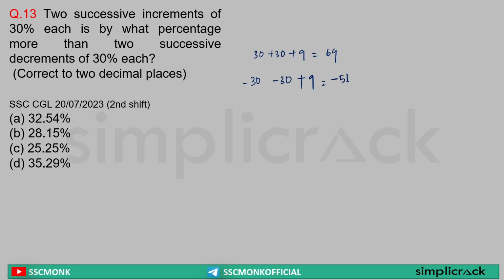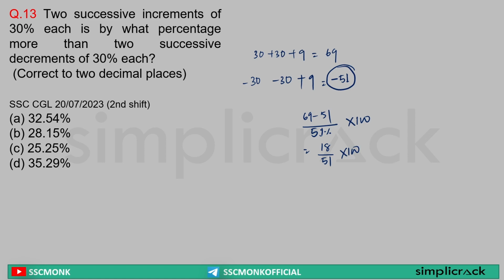Yes or no? It is asking by how many percentage more than two successive decrements. Decrement of this is 51%. How many percentage more means 69 minus 51 into 100, which can be written as 18 divided by 51 into 100%.